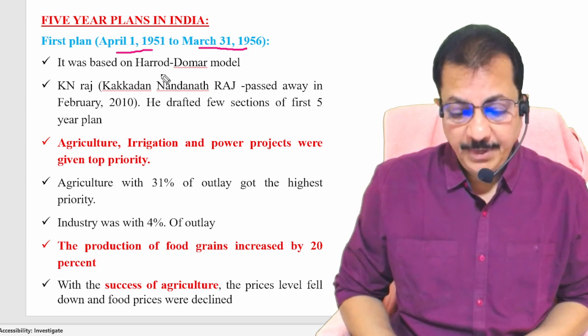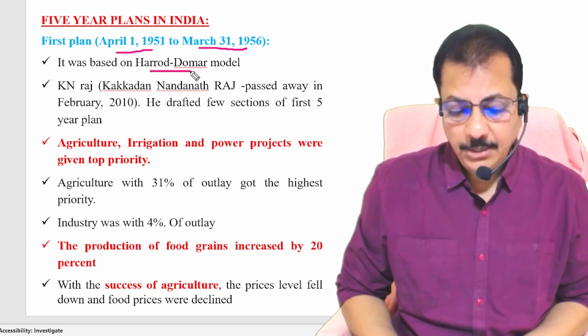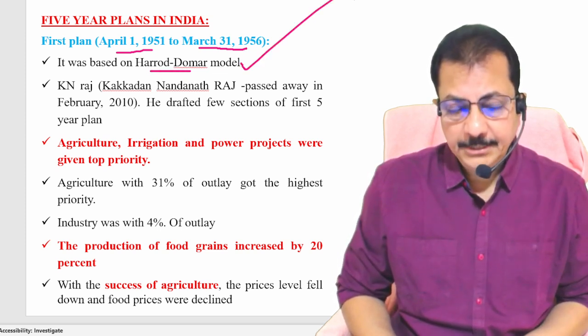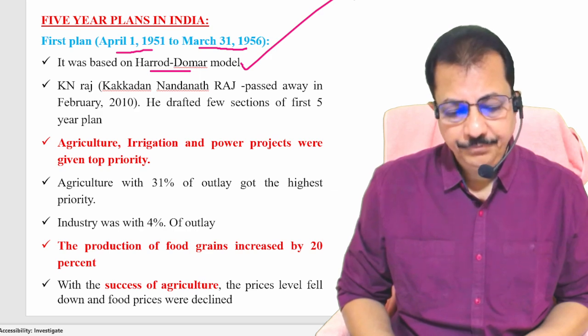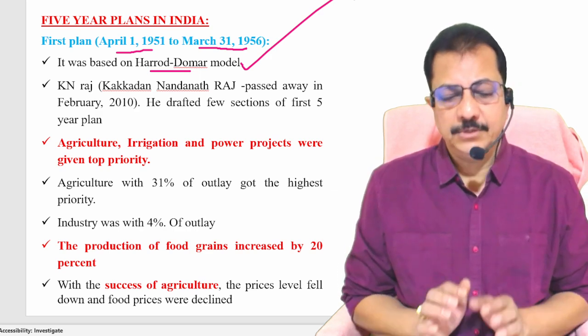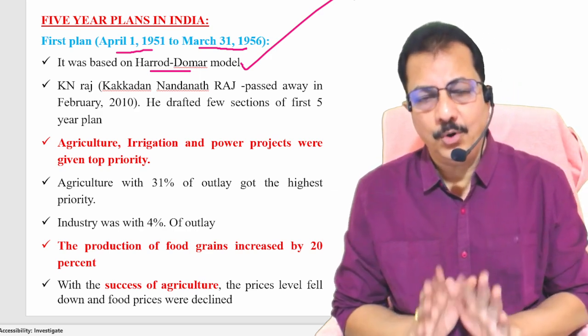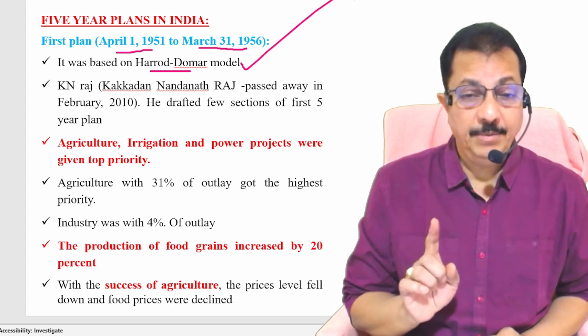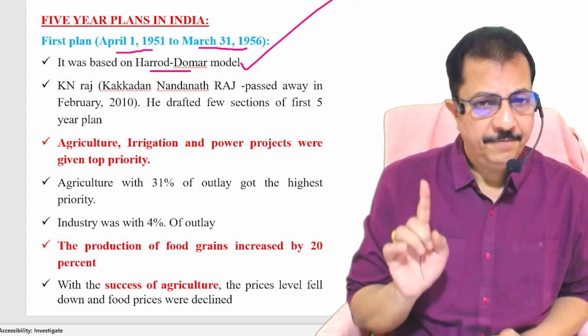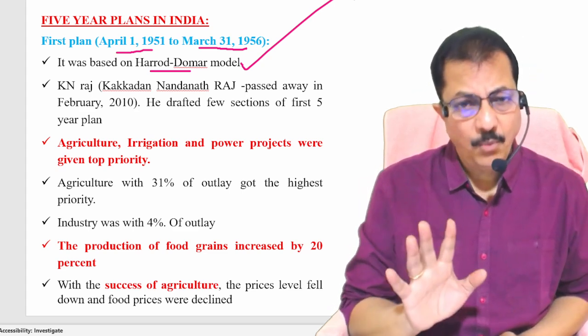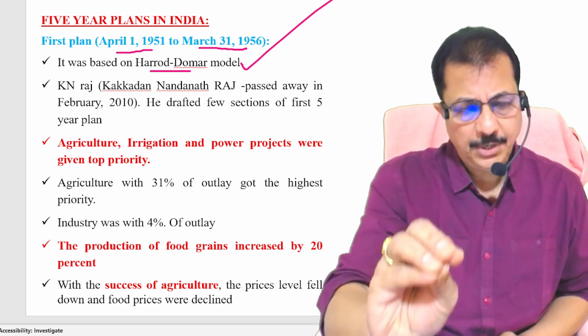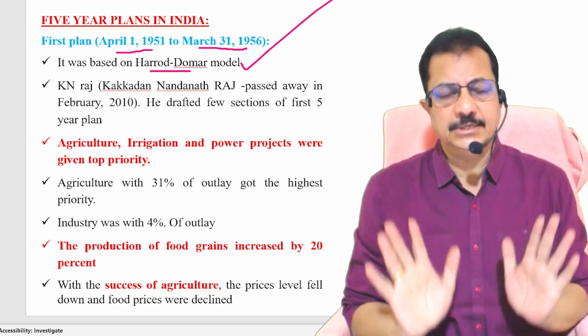And this was based on the Harrod-Domar model. Please write down clearly and carefully which 5-year plan was based on the Harrod-Domar model. Clear? Your answer should be the first 5-year plan. What exactly is this? I am going to tell you after some time, during this session only.